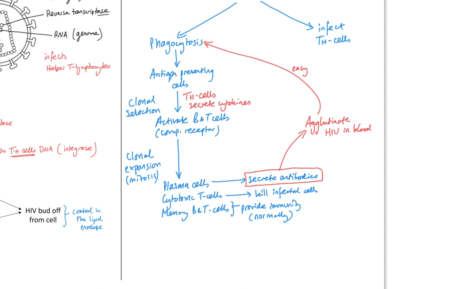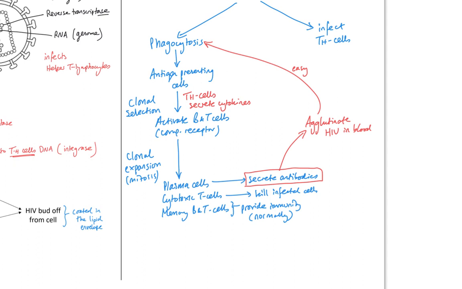So some T helper cells will be destroyed, but in others the virus is in there and there's no evidence of the virus yet, and the cells live for a long time. It's going to replicate inside the T helper cell and burst out, and therefore this process is going to repeatedly happen over time.